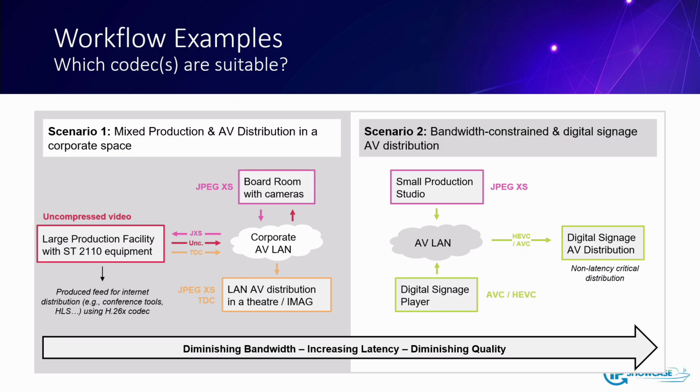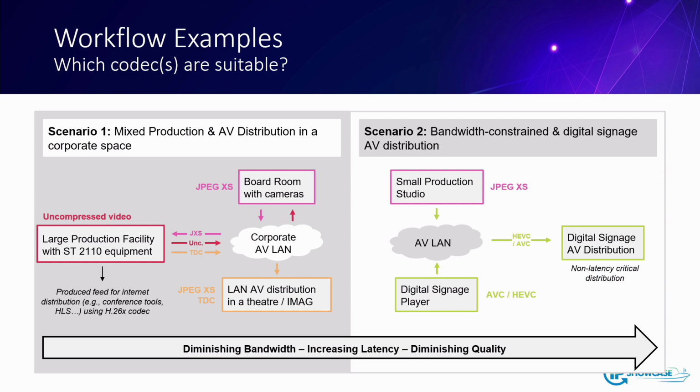The second scenario, on the other hand, is a scenario where latency is less critical, or where you have a bandwidth-constrained environment. There, you could have, for example, a small production studio where you still want to maintain low latency because you want to make sure that you have synchronization and you have more affordable bandwidth in that part of your facility.